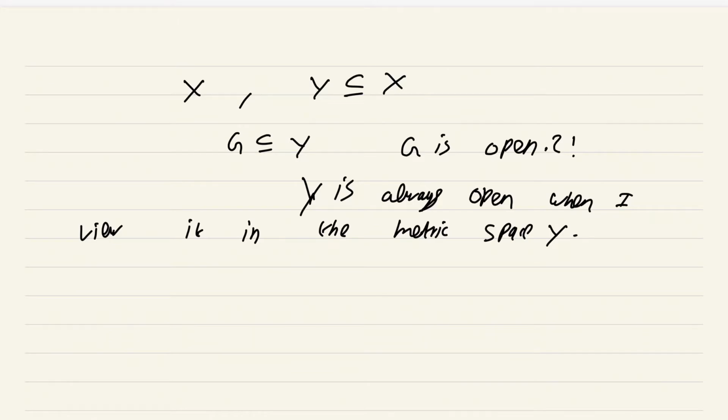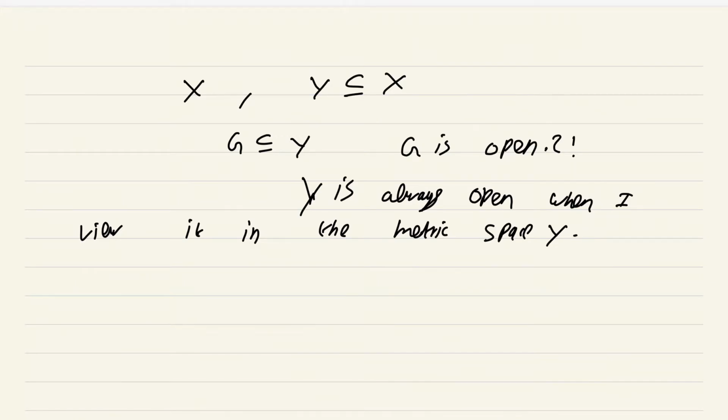So this is somewhat tricky. It's not always true that if you have G which is open when you treat it as a subset of Y, it will be open when you treat it as a subset of X. It depends on what is the parent metric space we are going to consider.